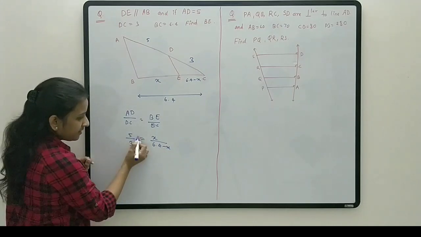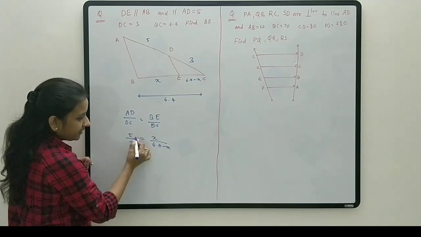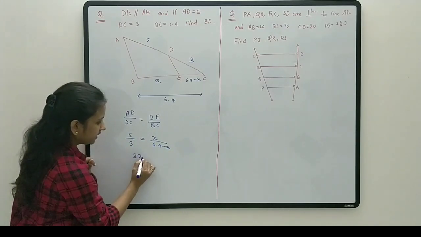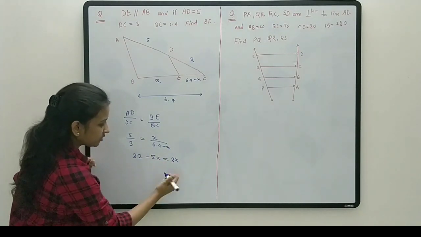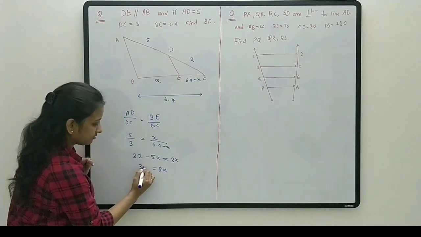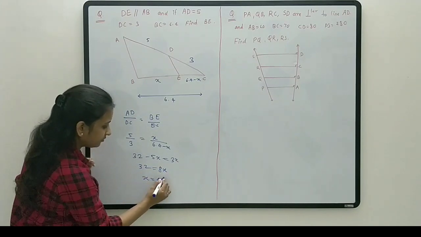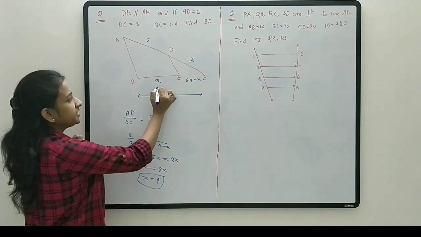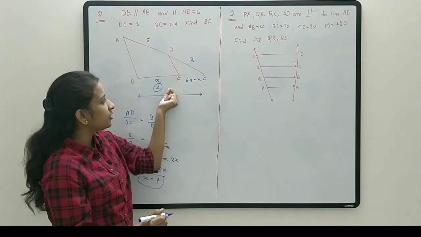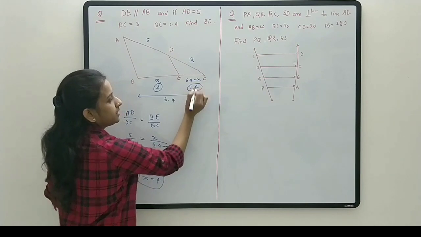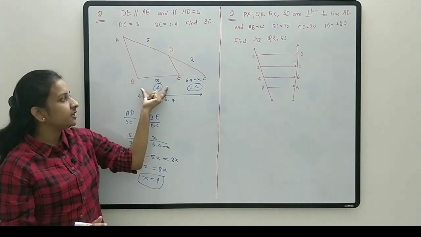Cross multiplication: 5 into 6.4 is 32, minus 5x is equal to 3x. 5x on this side, it is 8x is equal to 32. So x is equal to 4. So the BE value is 4. So what is EC? 6.4 minus 4, that is 2.4. But in the question we have to find this value only.